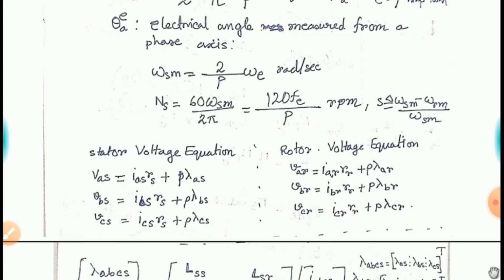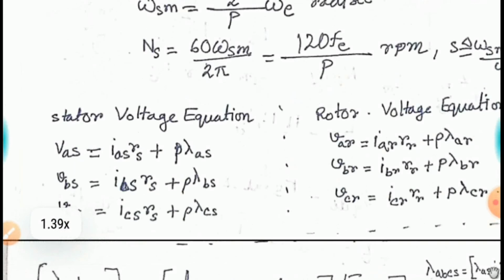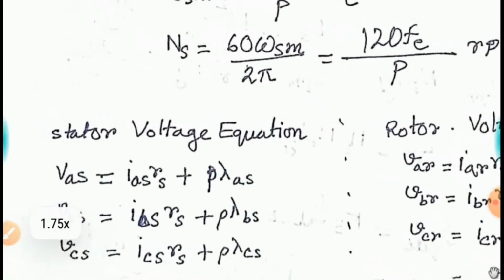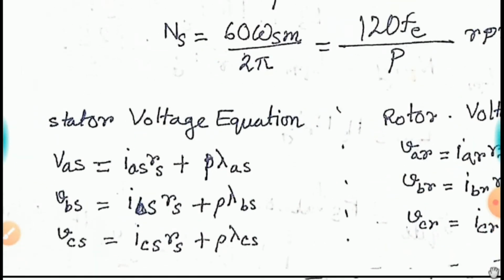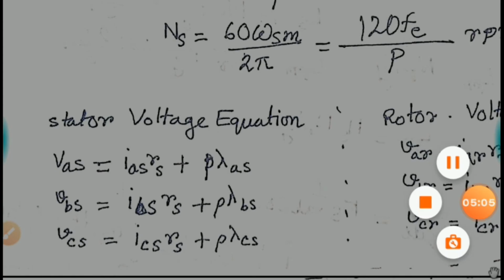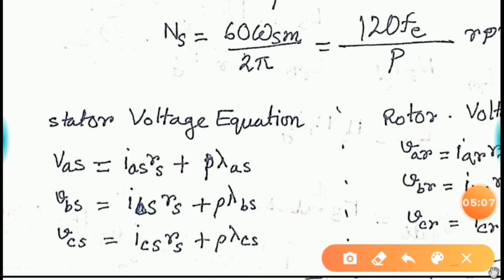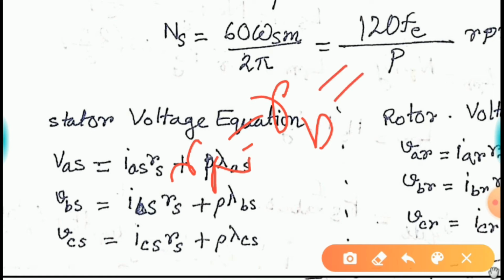Rest of the things are known to you, and similar to our synchronous machine case, here we will also define our stator voltage equation. In the stator voltage equation, we can see the stator voltage, IAS, that is the stator A phase current. Here I am assuming that RA is equal to RB is equal to RC is equal to RS, right?